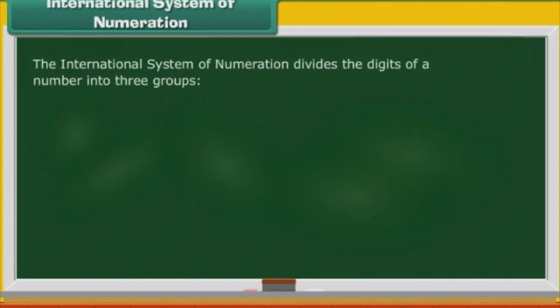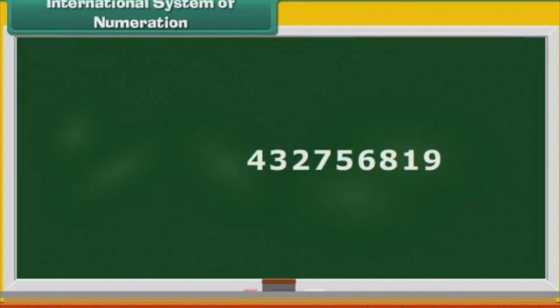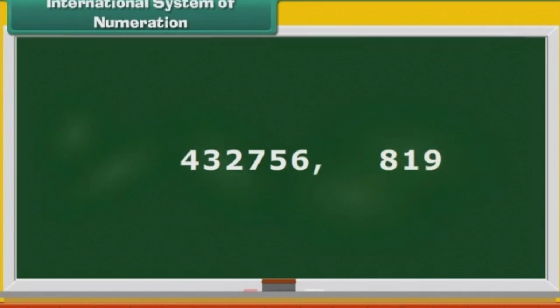The International System of Numeration divides the digits of a number into three groups: ones, thousands, and millions. Let us see how. Consider the number 432756819. We count three digits from the right and place a comma before 8.